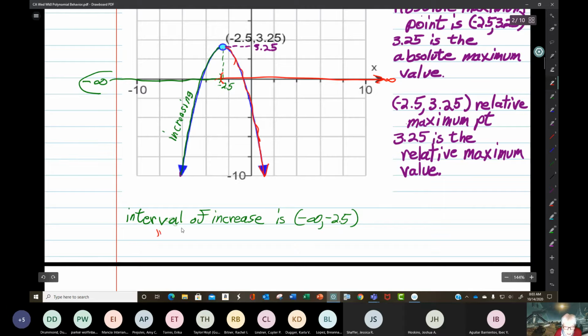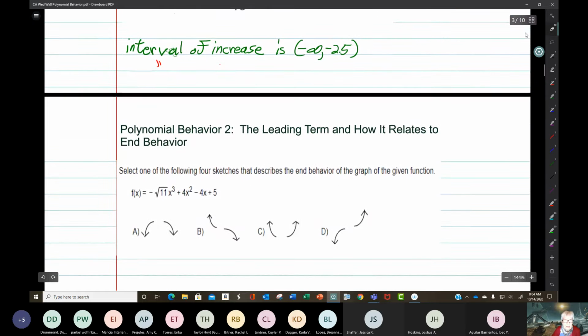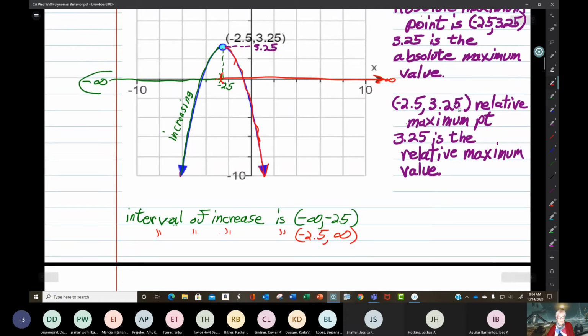So the interval of decrease, so there you go with that.